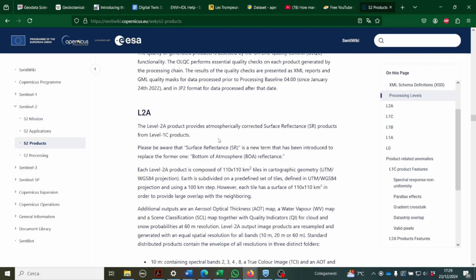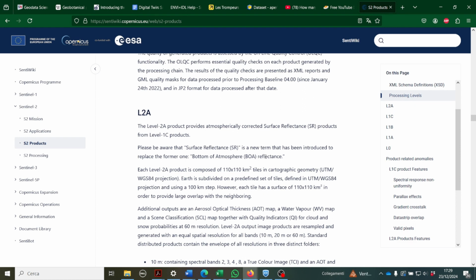This is classically what is called BOA reflectance, bottom of the atmosphere. This correction gives us values close to the surface that is acquired, without any interference of the atmosphere.